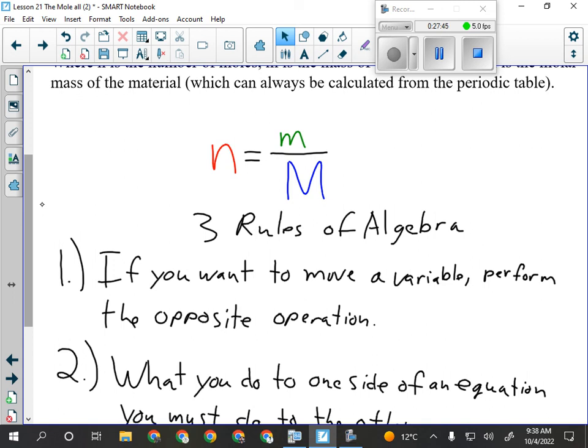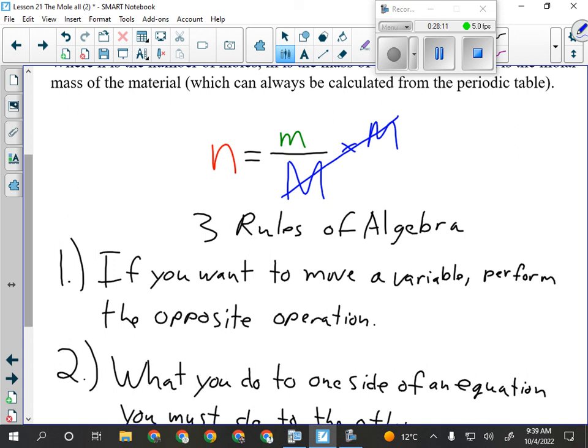Right now, I'm dividing by big M. So what do I do to that side to get rid of big M? Oh, sorry. Multiplication. I use multiplication, right. Right now I'm dividing by big M, so I would multiply. Now I got M divided by M. Well, M divided by M is 1, so it's gone. Now I follow the second rule.